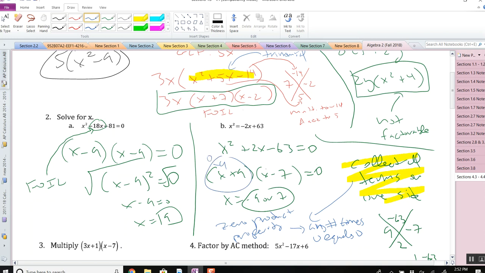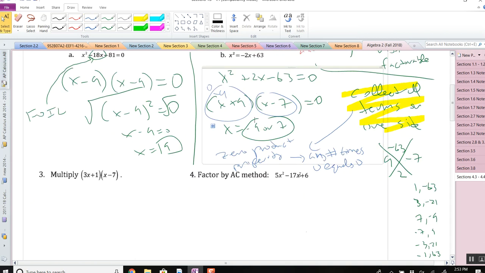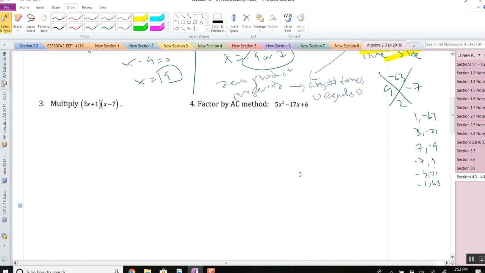That's going to become 0. Who cares what's over here? 0 times anything is 0. That's why you got to collect all terms on one side. You got 0 on the other side, and you got all the other junk on the left side or right side, wherever it is. And then you try to figure out what x would have to equal so that your product is 0. So it's very important that you get all terms on one side and make sure 0 is on the other side of the equation. Very important. Let's look at 3. This is involving FOIL.